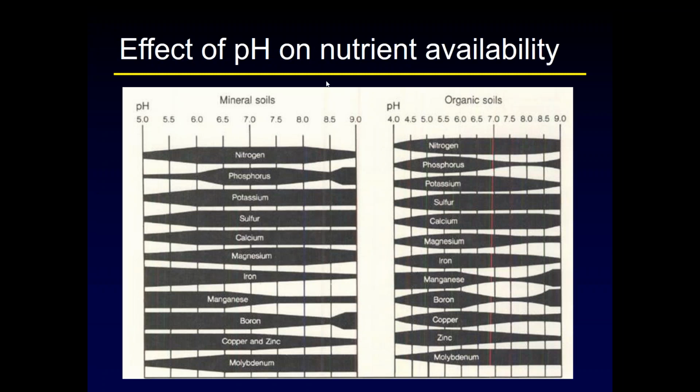And many of you may have seen charts like this that show you how nutrients become available in a soil. This is for mineral soils, this is for organic soils, as a function of pH.